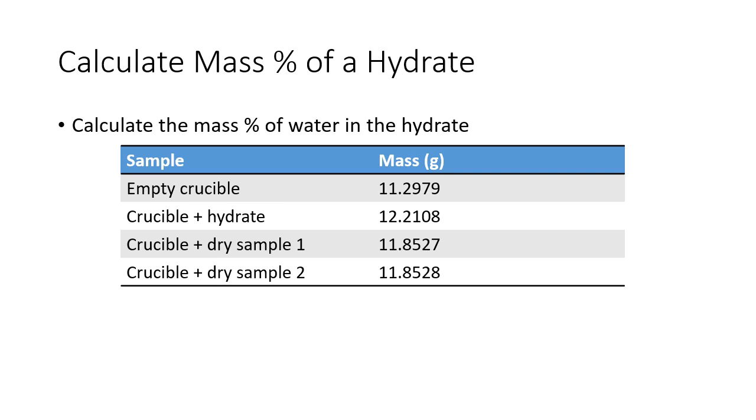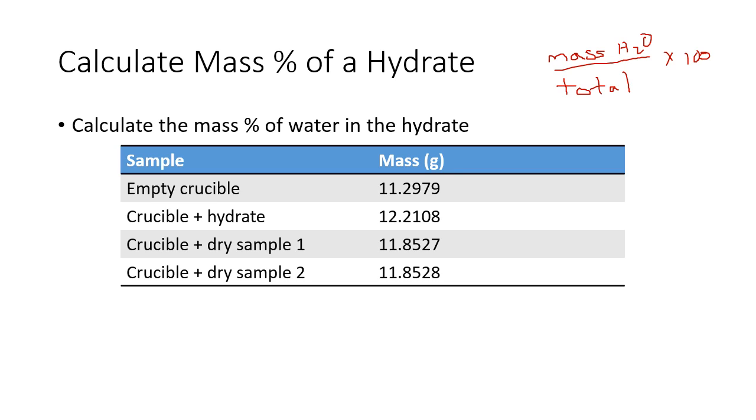And anytime we do a mass percent, it's mass of the thing you're interested in, so in this case, water, over total mass, times 100. Simple enough. So how do we find each of those components? Well, we're going to start by identifying how to get the mass of water out of the sample.